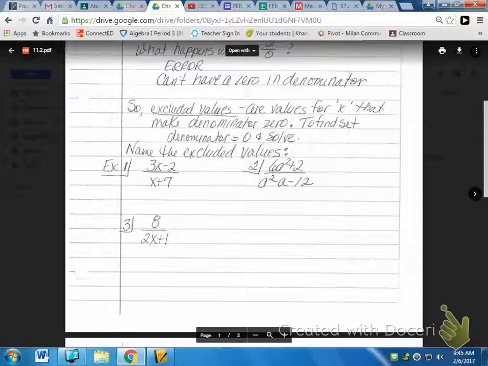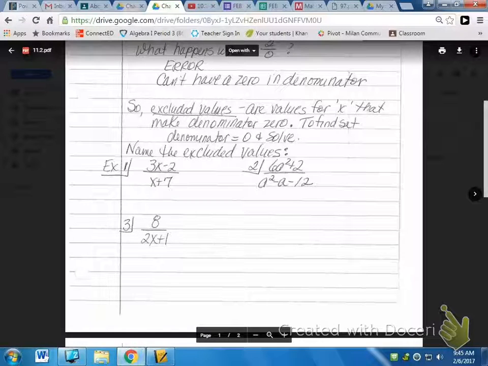That's the number my variable cannot be. To find excluded values, you take that denominator, set it equal to 0, and solve it. Whatever it comes out to be, those are the values my variable cannot be. So you don't just say it's going to be 0. That's not how we do it for these problems. They're going to be something else.